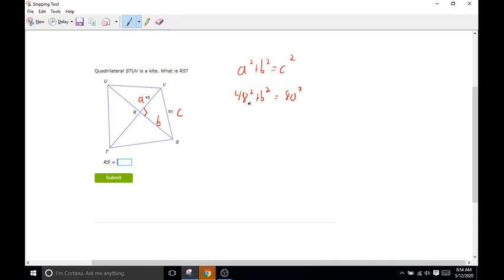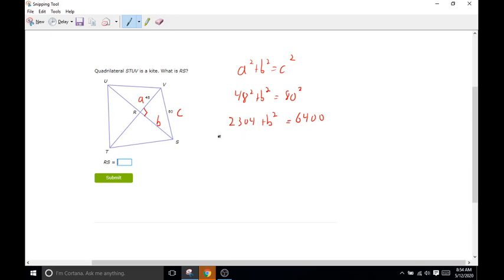So 48 squared, or 48 times 48, is going to be 2,304. We don't know anything about b yet, so we're going to leave it as b squared, and then equals 80 squared. 80 times 80 is going to be 6,400.